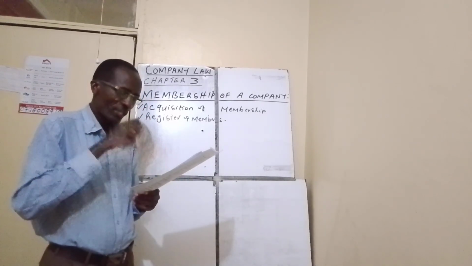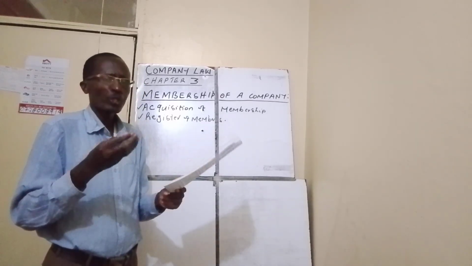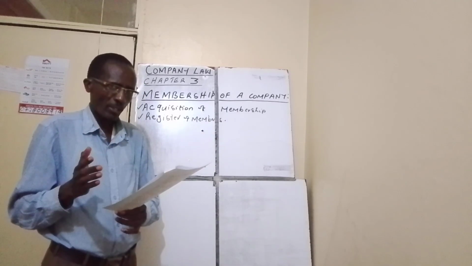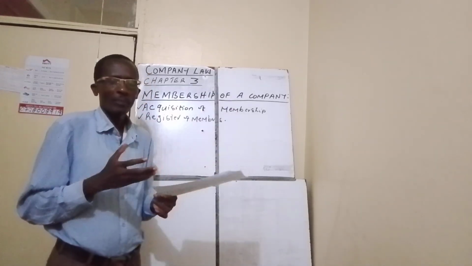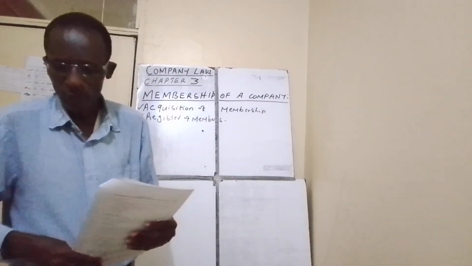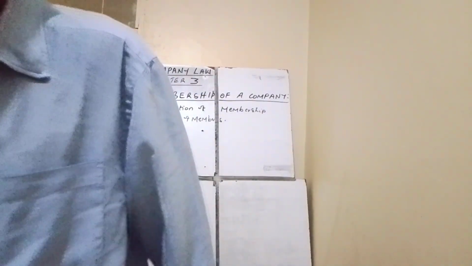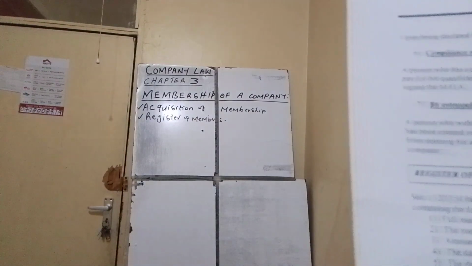So these 3 points here explain circumstances under which the register of members can be found in a different place other than in the registered office. You can check that, and you pause your video and you take your notes.